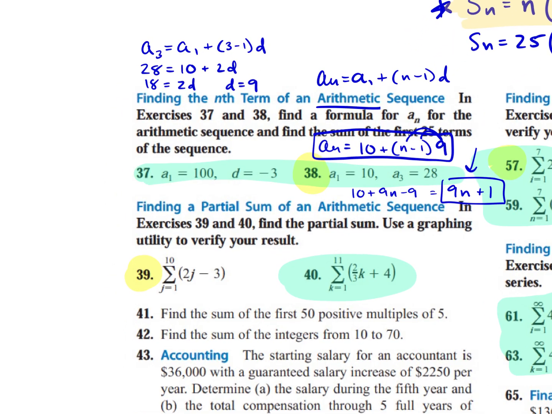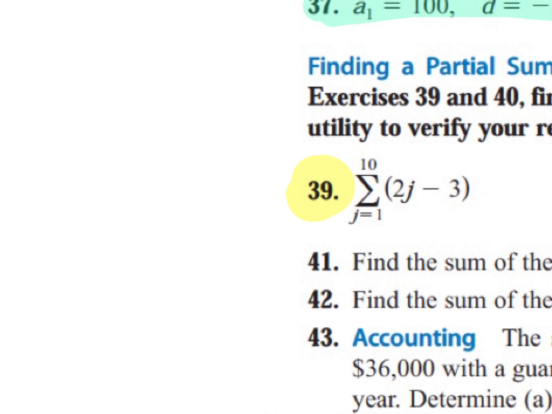For 39, there are 2 different ways that we can solve it. This is an arithmetic formula because it looks like y equals mx plus b. If it's in that form, it's an arithmetic formula. So it's an arithmetic sum. You can use your arithmetic sum formula, or you can plug in numbers 1 through 10 and just add them all together.